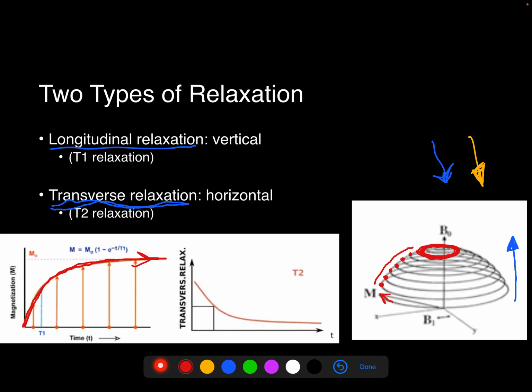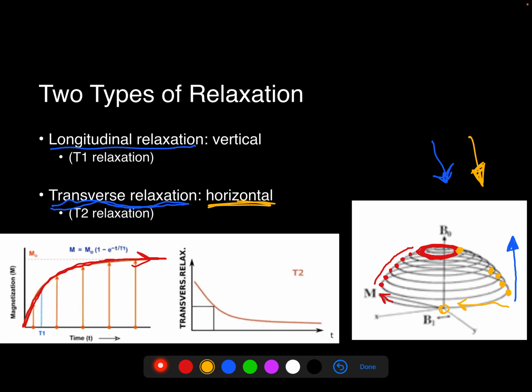The second type of relaxation is called transverse relaxation, and in this image here, it is the horizontal axis. So let's say after the radio frequency pulse, it started here. The next horizontal is actually a little bit inwards, so it's a little closer to 0, and then a little closer to 0, and then a little closer to 0. And it keeps going closer to 0 until, again, it hits its low energy state.